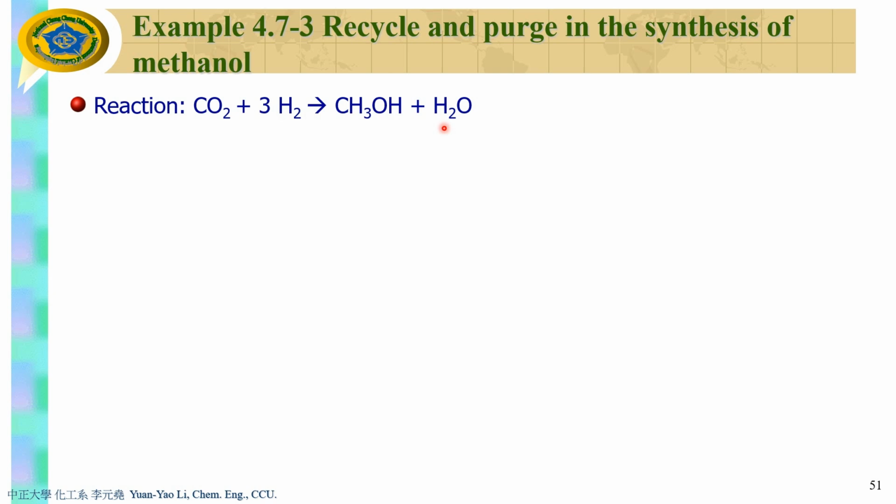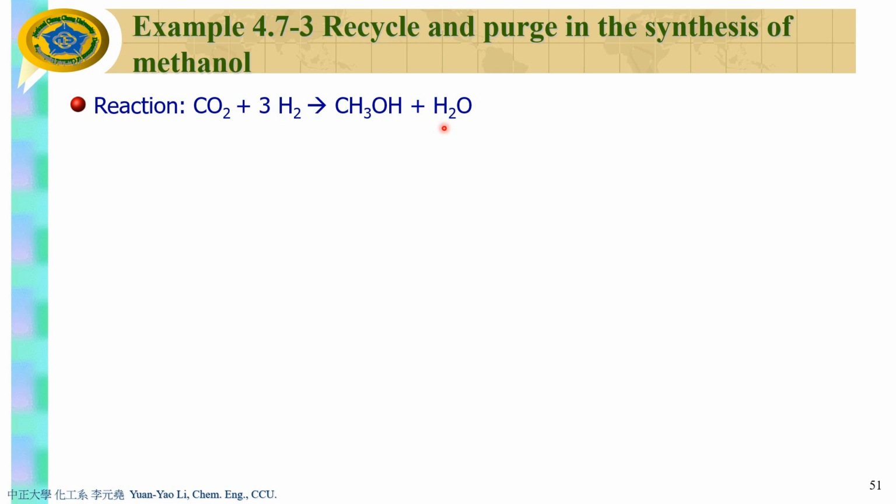The second paragraph: the fresh feed to the methanol synthesis process contains hydrogen, carbon dioxide, and 0.4% mole inert. So you know there are three types of species as feed to the reactor: hydrogen, carbon dioxide, and inert gas.